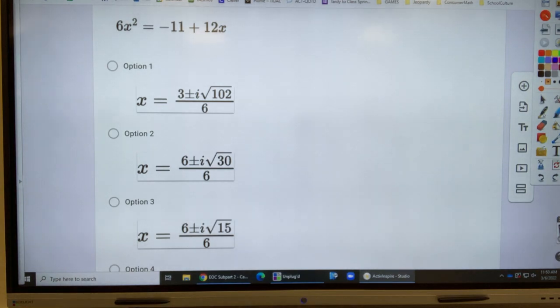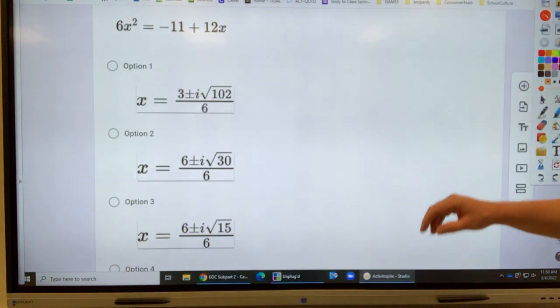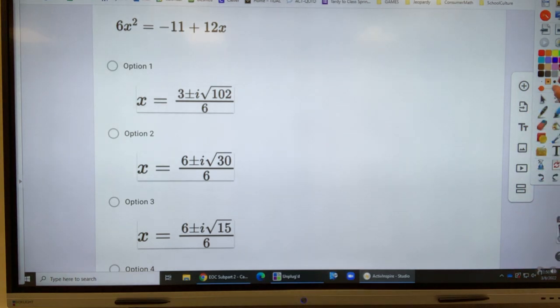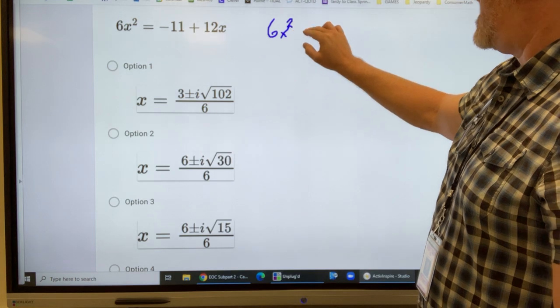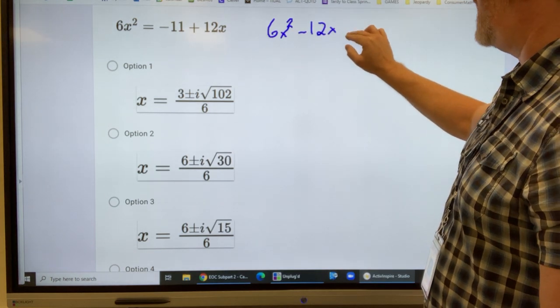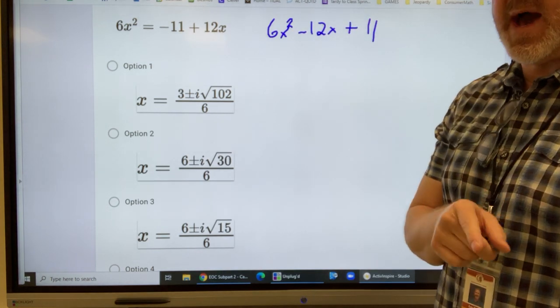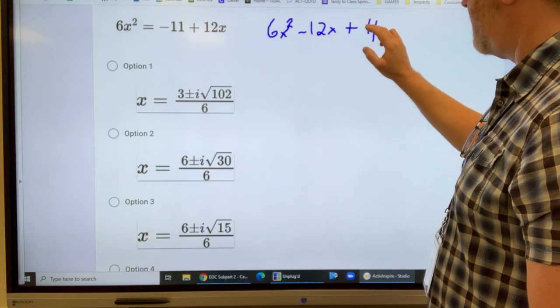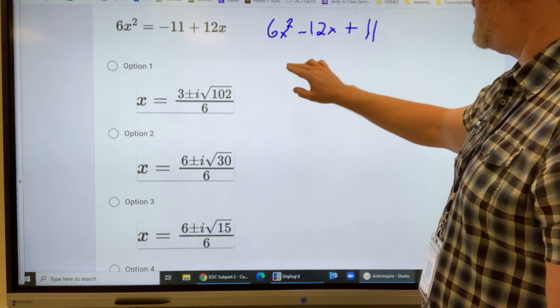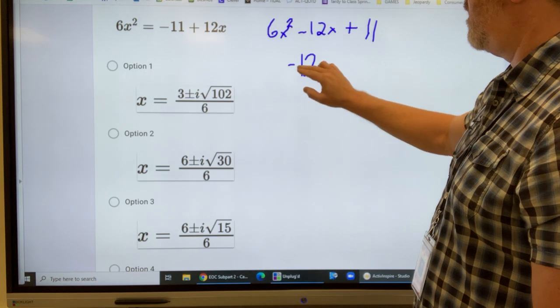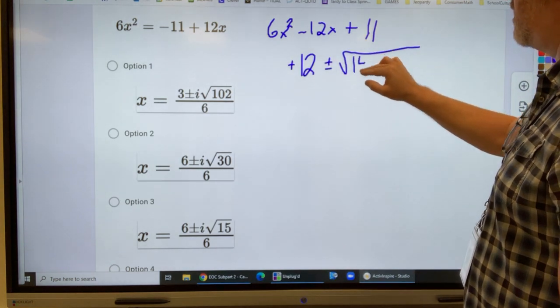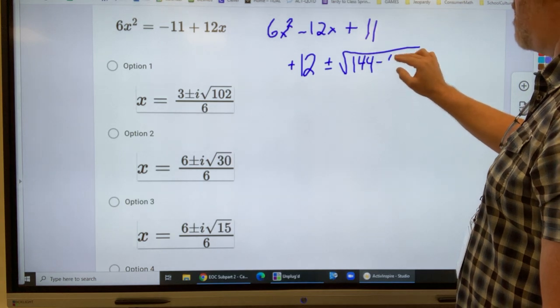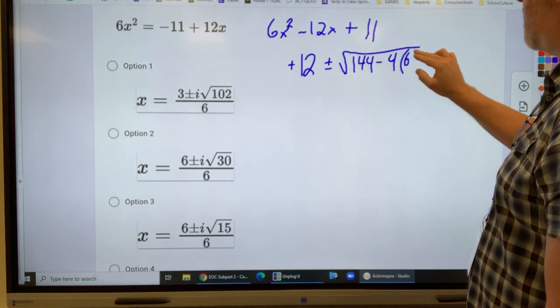All right, I probably will split the video up just so the file size isn't so big. But I'm going to have to do this one again real quick because I messed up somewhere. So 6x squared minus 12x plus 11. Maybe I had minus 11 before. All right, let's take a look. So negative b plus or minus the square root of b squared minus 4ac.